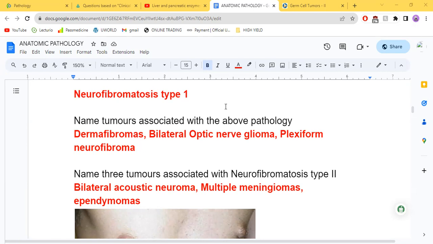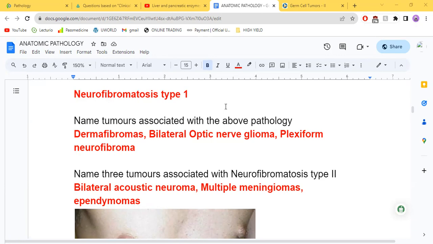We can try coming up with a mnemonic. Let's see if it works. Okay, so for type 1: dermatofibromas, bilateral optic nerve gliomas, plexiform neurofibroma.